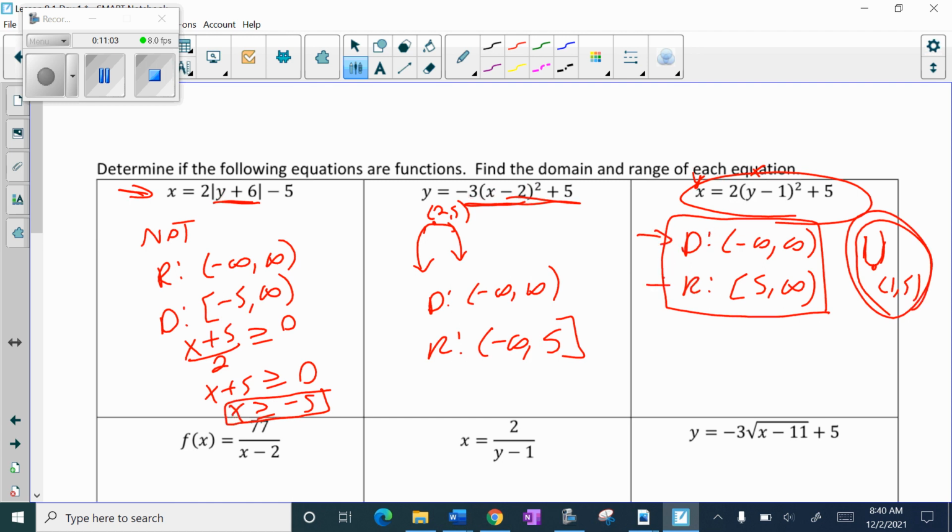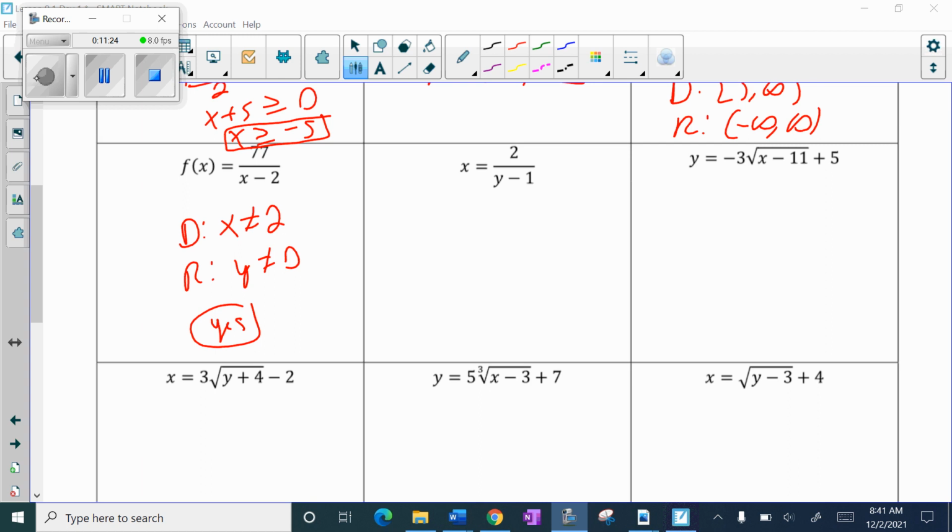And my domain would be -infinity to positive infinity, and my range is 5 to positive infinity. So literally when you flip the x and y, you flip the domain and range. So however mentally you want to wrap your mind around that. So our new domain is going to be 5 to positive infinity, and our new range is going to be -infinity to infinity.